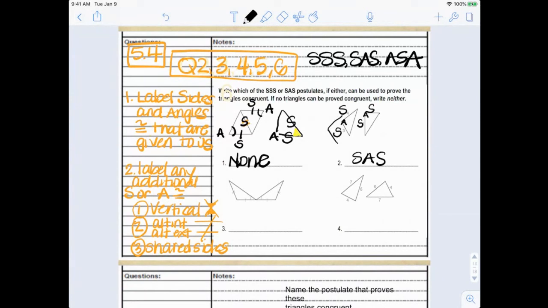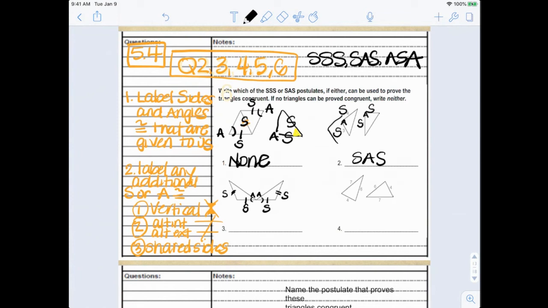If we move on to the second one, I'm given a side is congruent, and given an angle here is congruent. I'm also given these outside little guys are also sides that are congruent. I labeled what they gave me. Do I have any vertical angles?